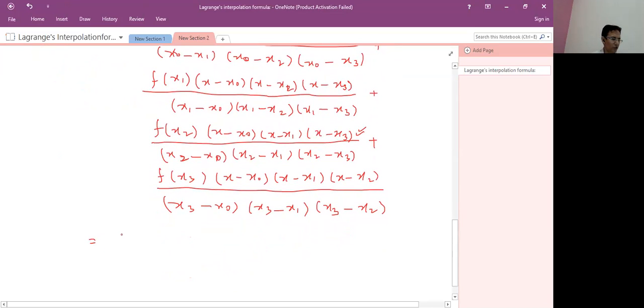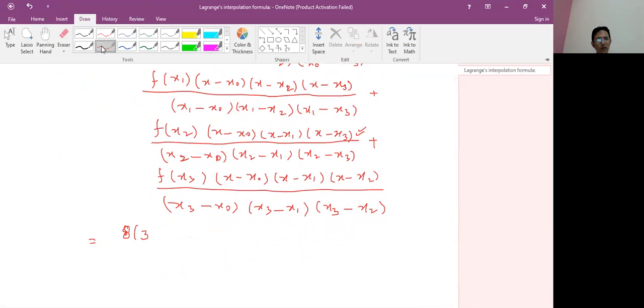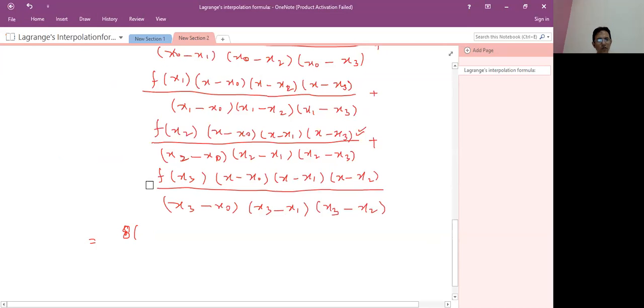What is f of x naught, student? x naught is 0, f of x naught is 8, and x is 2, because you have given x is 2.